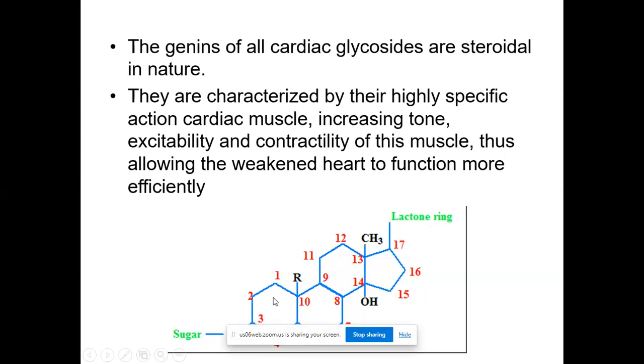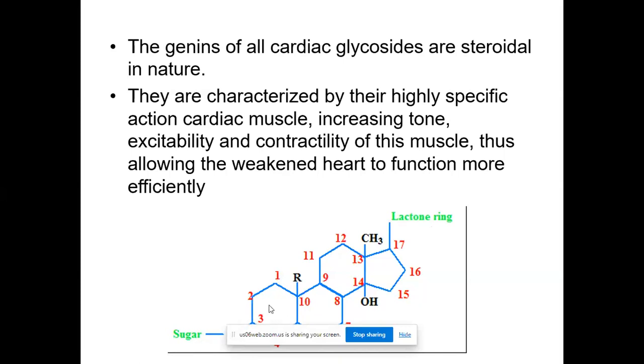And then the A and B rings are linked together. These rings are, first of all, saturated, so they're linked together via the cis. You remember the cis and the trans?